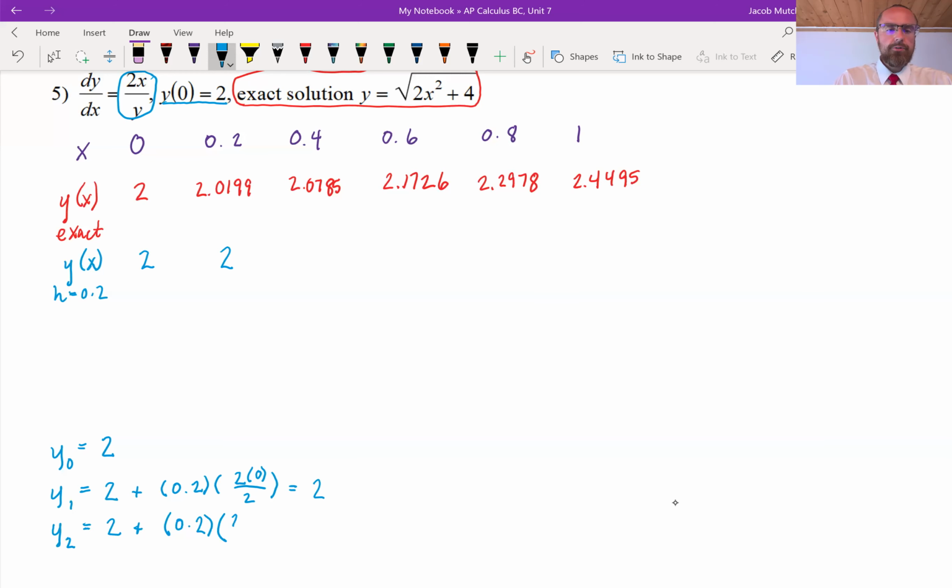So that's going to be 2 times x sub 1, which is 0.2, over y sub 1, which was 2. Again, I could probably do this on the calculator, but this is pretty quick to do manually. I see my 2's are going to cancel by division in the fraction. Then in this product, what's left is 0.2 times 0.2, that's 0.04. Then add 2 to that, that's 2.04.